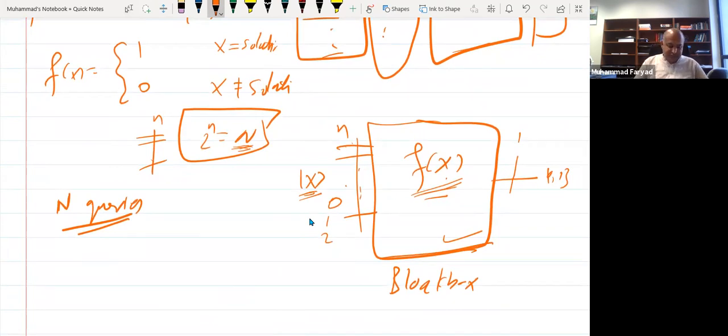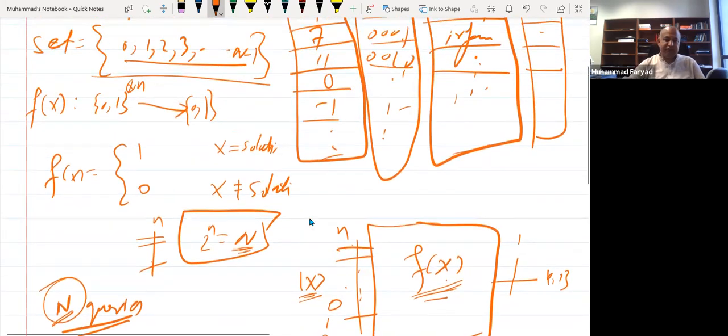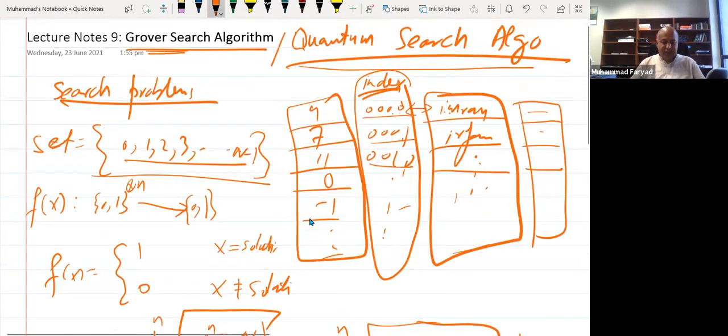And now we see that classically, in the worst case, we might need N queries to really see which one of the indices is the solution. Even if we have access to a probabilistic computer, by the way, which can randomly give each of these indices as input, even then, since each one of them has equal probability of being the solution, each one has 1 over N as its probability of being a solution.